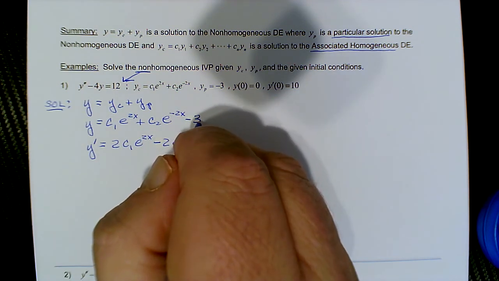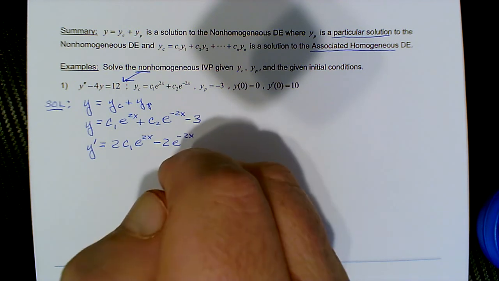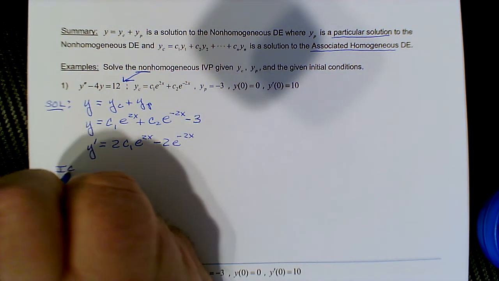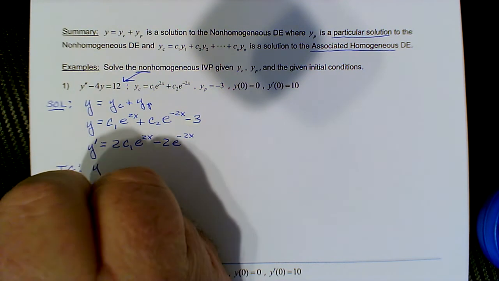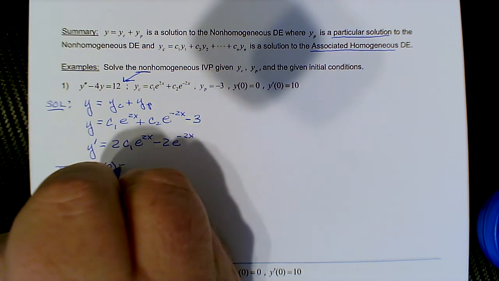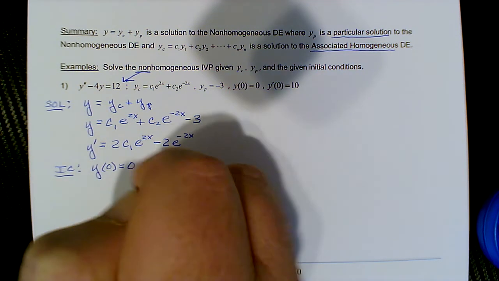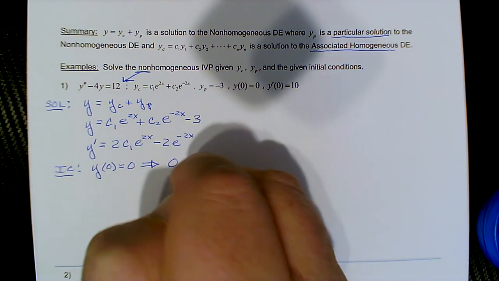So then we go to the initial conditions, and y of 0 was given to be 0. So then we have that 0 equals c1 plus c2.